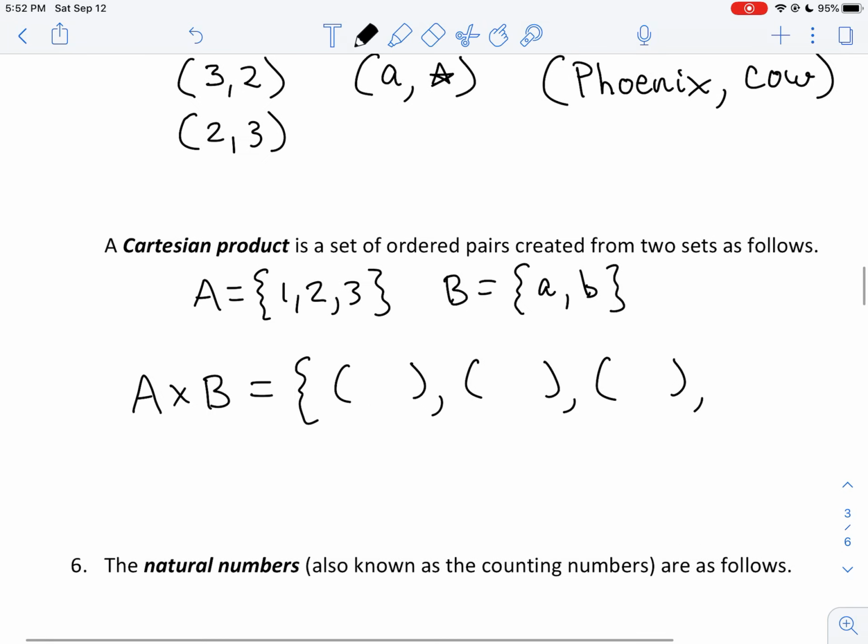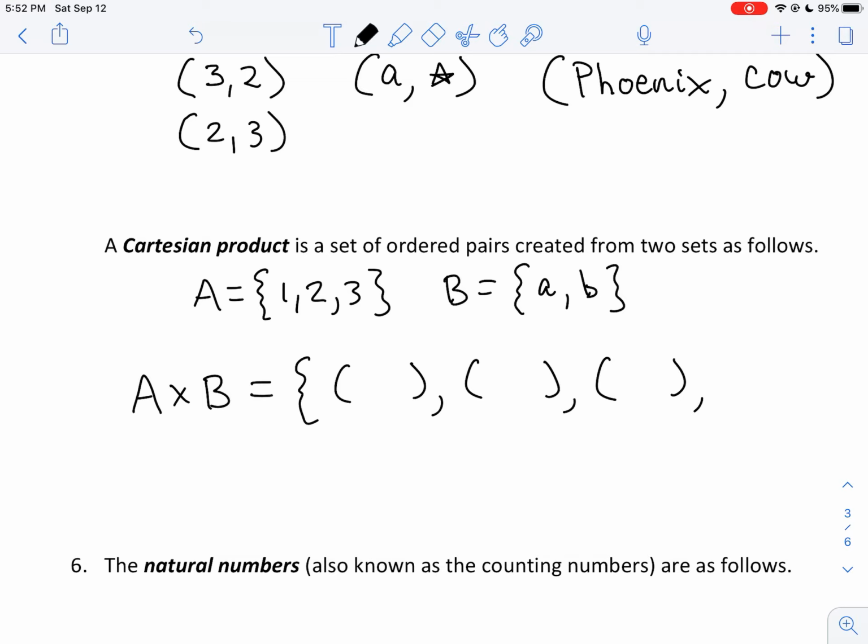Okay, so the first element of the ordered pair has to be something from the set A, and the second element has to be something from the set B. And we just do all possible combinations of that.